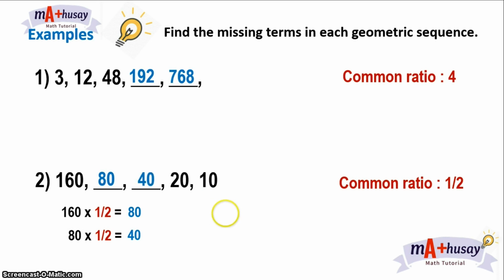So the next term of the sequence should be 40. So we have found the two missing terms in this sequence, which are 80 and 40. So the geometric sequence 160, 80, 40, 20, and 10 has a common ratio of 1/2.